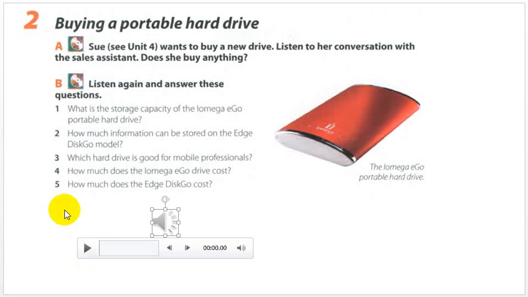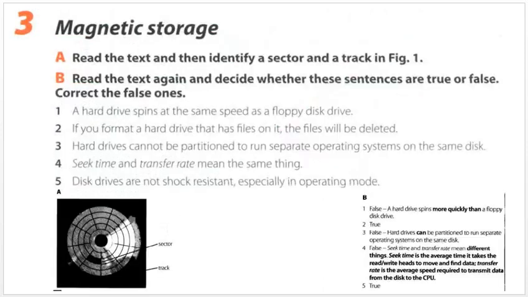Okay, if you want to learn English, please listen to every listening more than 3 or 4 times. Then you can learn listening and pronunciation very well. Okay, what do we have in this slide? Task number 3, magnetic storage.